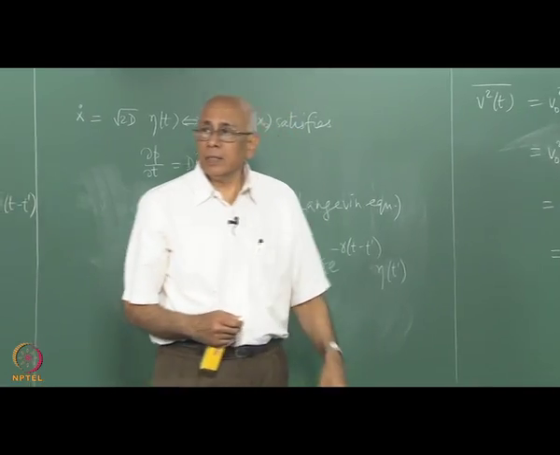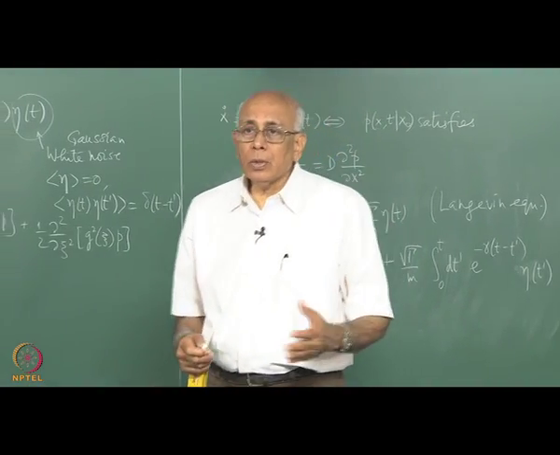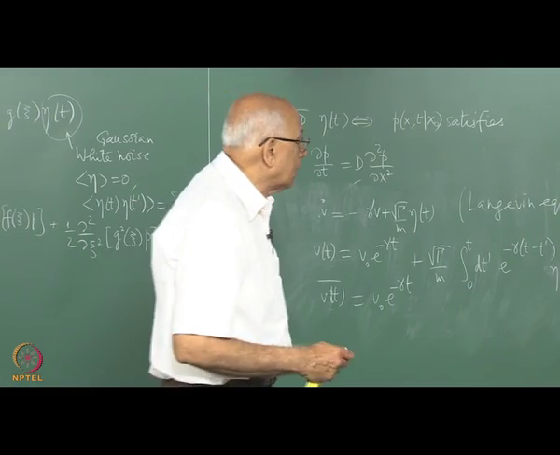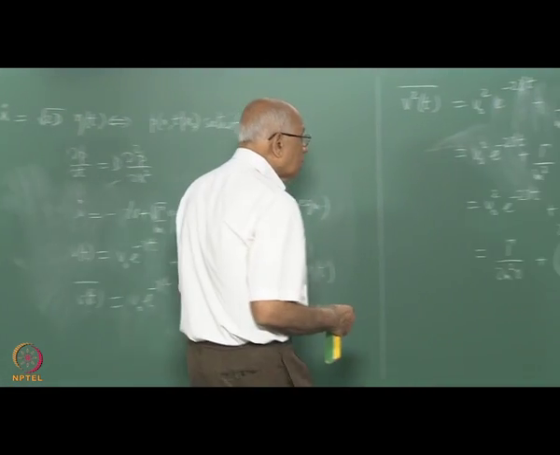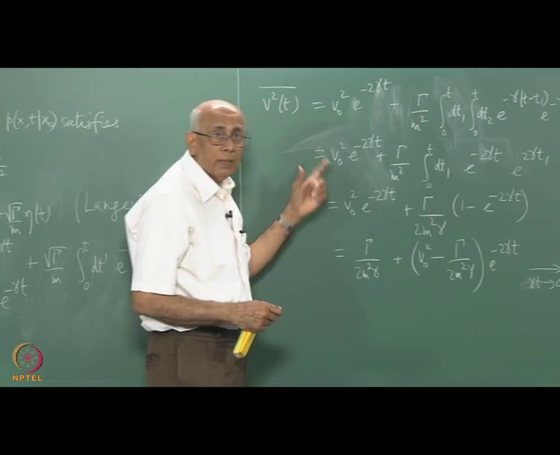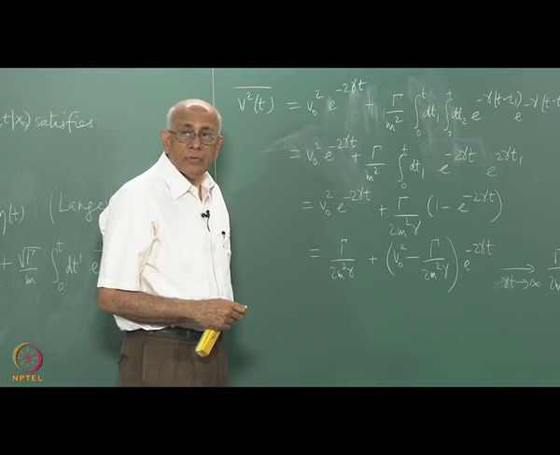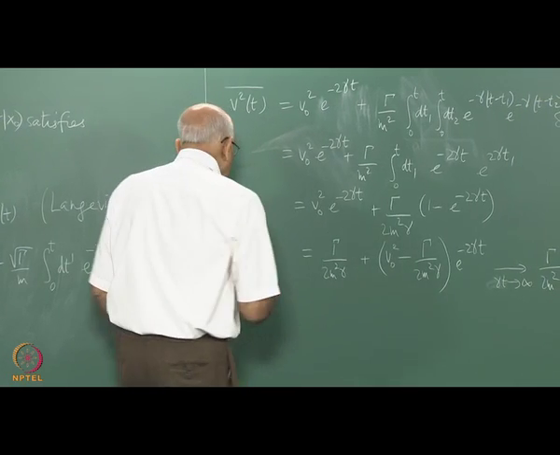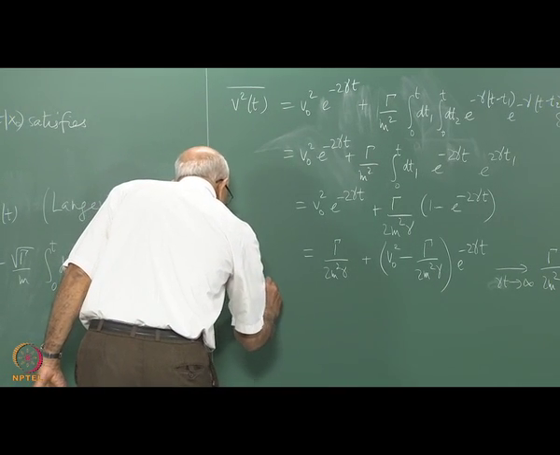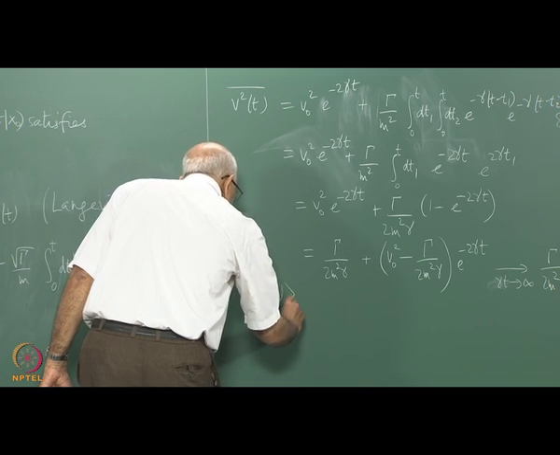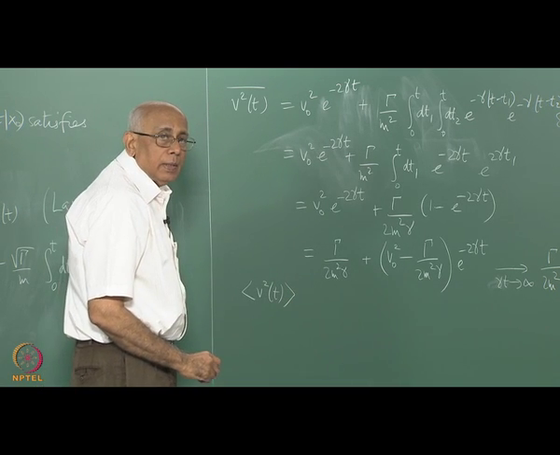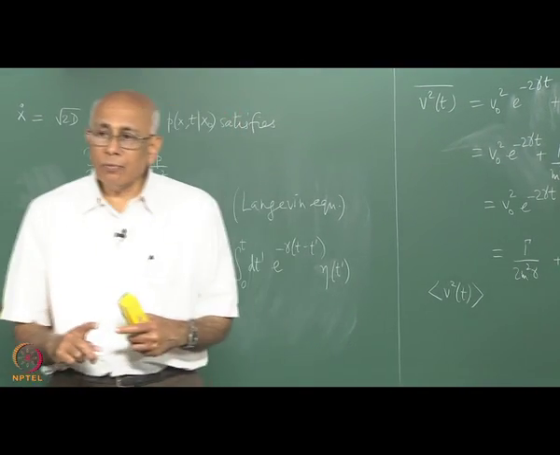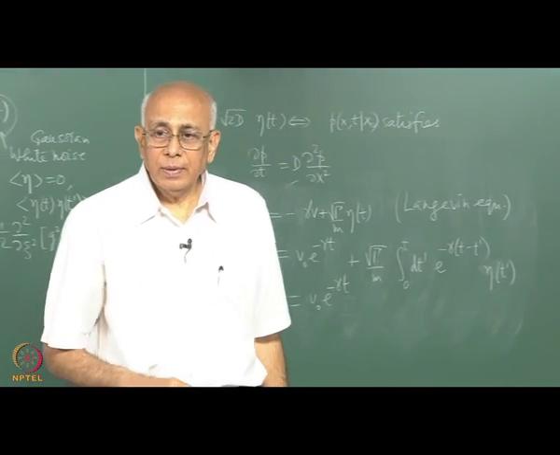And now if you insist that in equilibrium this whole thing is independent of time as t tends to infinity, now if you insist that this should be true at all instants of time because this fellow here is in thermal equilibrium, another way of saying it is let us compute what V squared average is over a full average. So I compute V squared of t, and what can that be? How do I compute it from V squared bar of t?